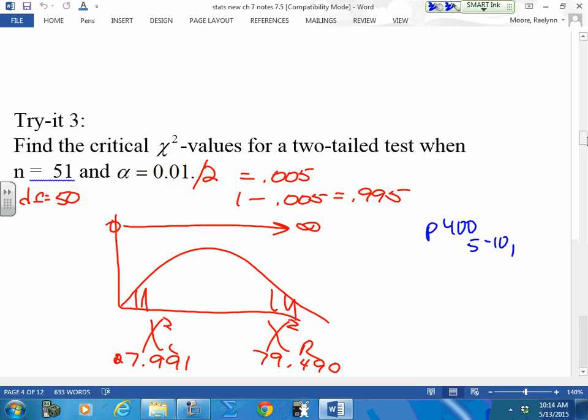Yep, right on my desk there's extra paper. Number 12, and just number 12. I want you to do these. Okay, I want to see a sketch, and I want you to find your critical values.